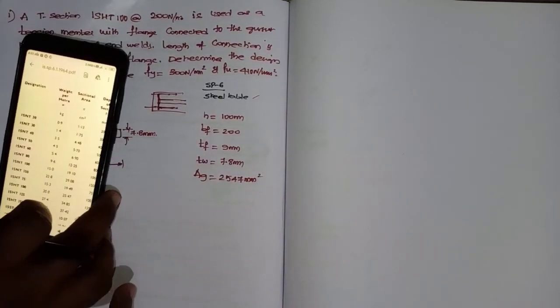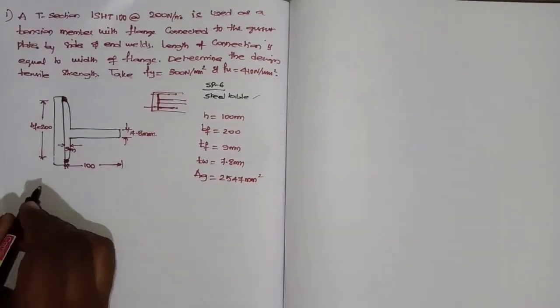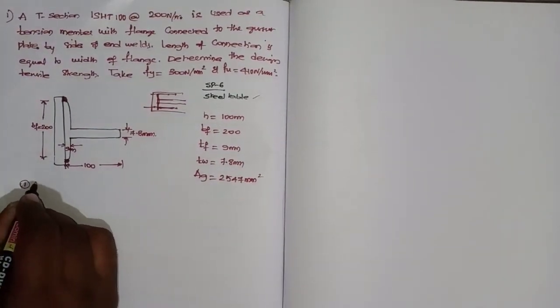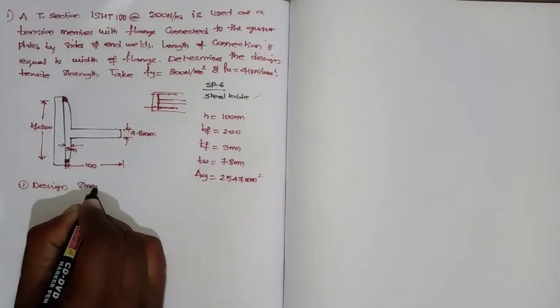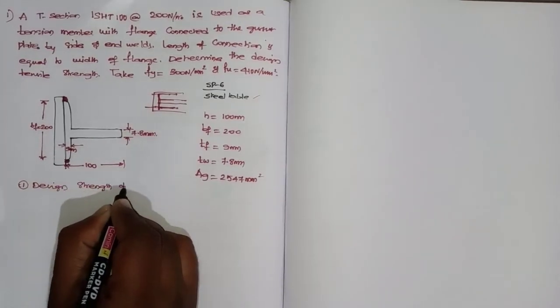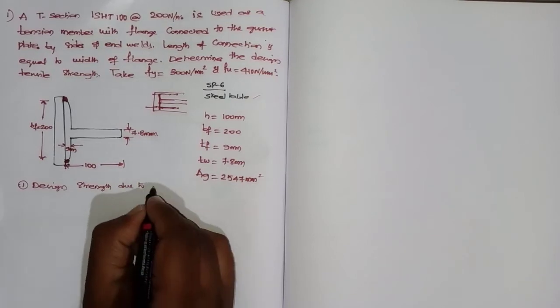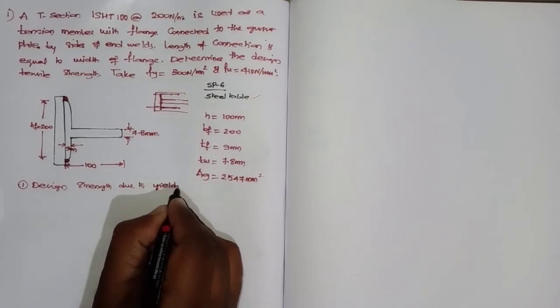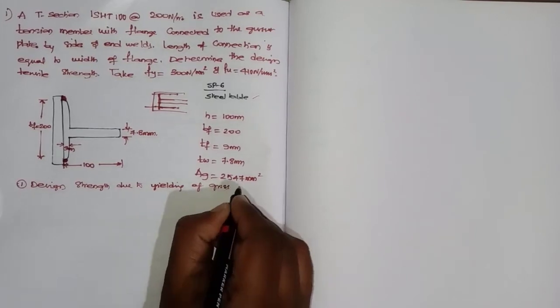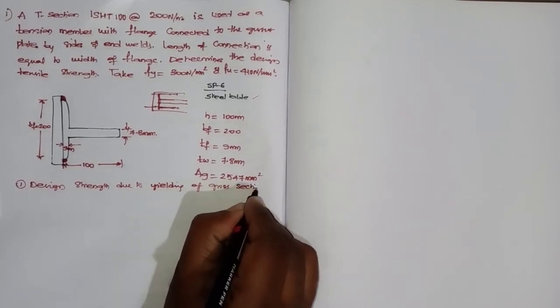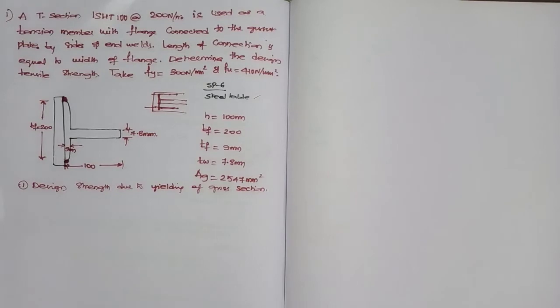Now the first condition: design strength due to yielding of gross section. Design strength due to yielding of gross section.